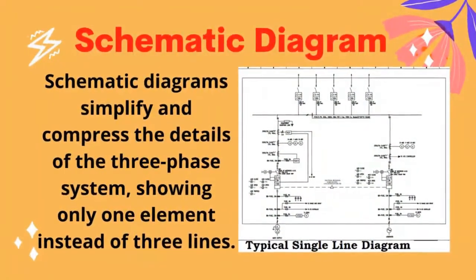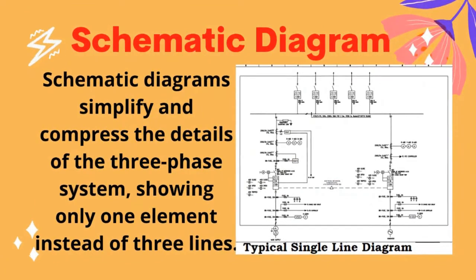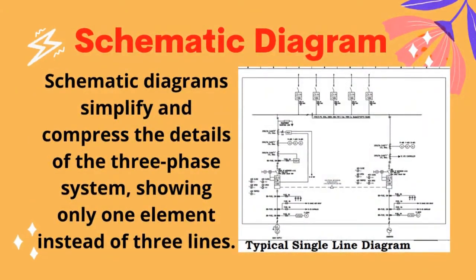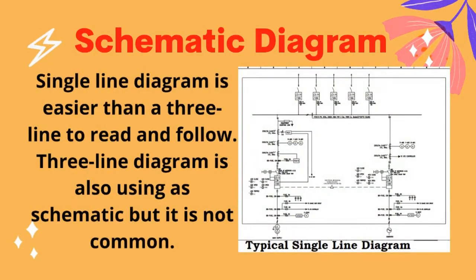Schematic diagrams simplify and compress the details of the three-phase system, showing only one element instead of three lines. A single-line diagram is easier to follow than a three-line diagram. A three-line diagram is also used as a schematic, but it is not common.